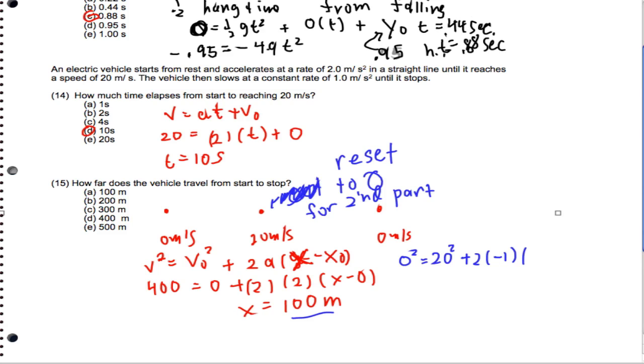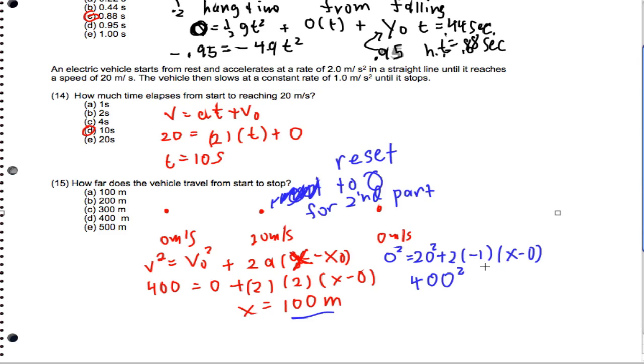So when I go ahead and plug this in here, I will actually end up getting 2 times negative 1 times x minus 0, and what I actually end up getting here is 400, and actually, sorry, I have this wrong.